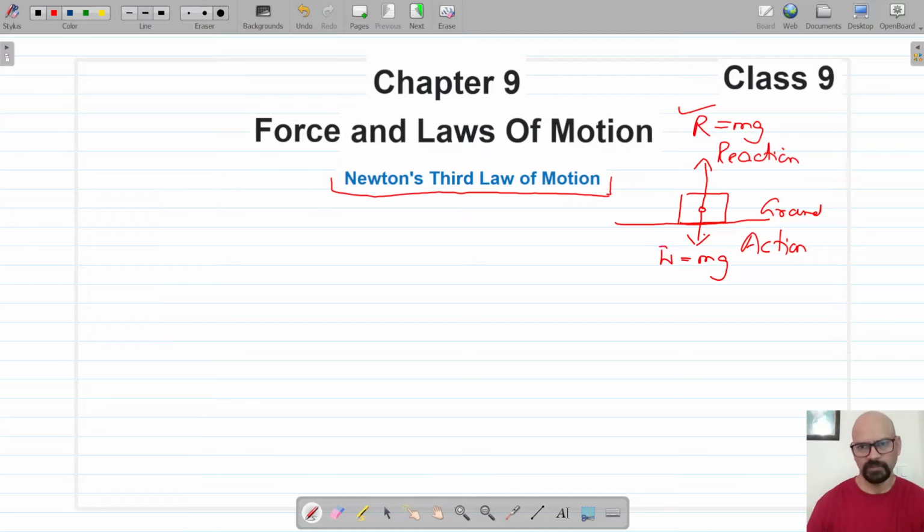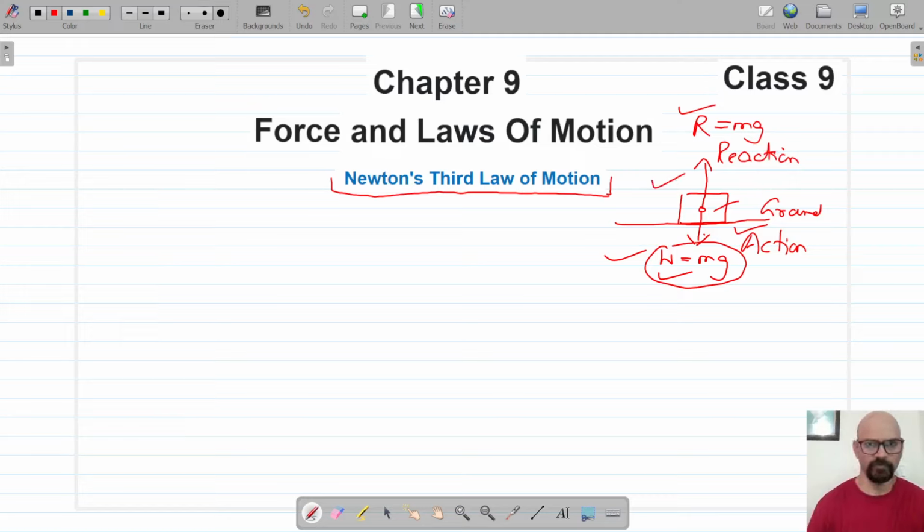This W is the weight, that is the force, and we know that weight is a force on an object that is attracted towards the center of the earth. So this object is attracted towards the center of the earth and it applies the force on the ground, which we call weight. And in turn, the ground applies an equal and opposite reaction in the opposite direction.